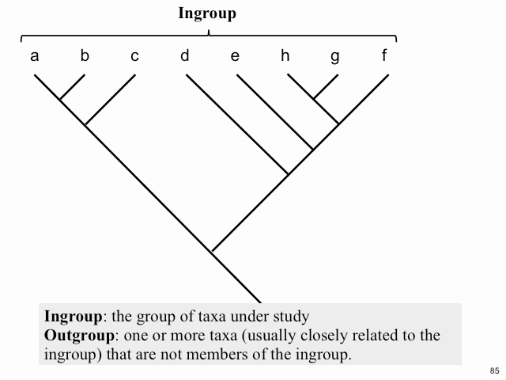So another really important grouping of taxa in trees relates to in-groups and out-groups. In-group is a really simple operational definition, which is if you are interested in studying or showing the evolutionary history of a group of organisms, the in-group is the group of organisms that you want to study.